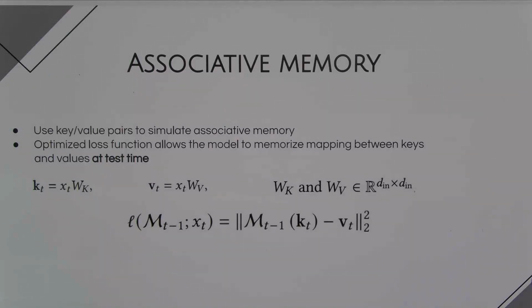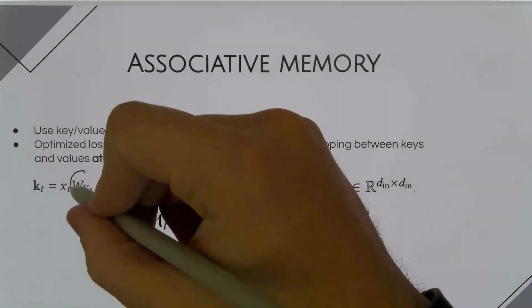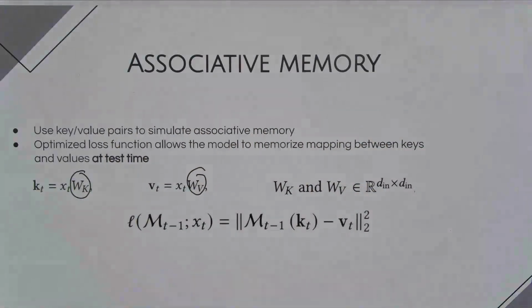So it's very similar in a way to transformers with Attention Is All You Need, where we're going to have your WK and WV, which are weights that are going to be learned during the main training time. Your main learning is going to learn what WV and WK are.